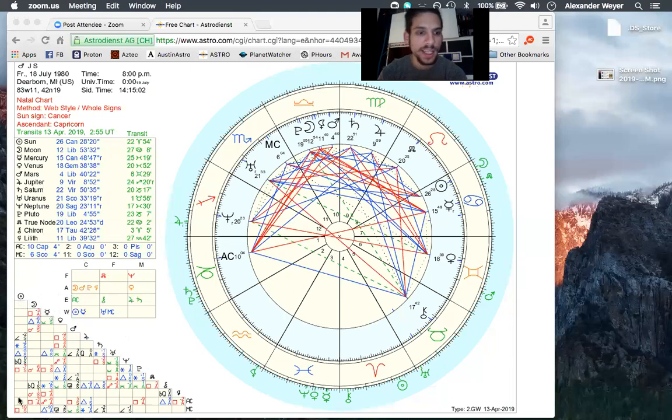And finally, this last chart over here, this is another way of describing all of these relationships of lines in here. So for instance, here we have the sun with a trine to Uranus. And over here we see a sun with a blue trine relationship line here to Uranus. And here we have Mars square the ascendant.